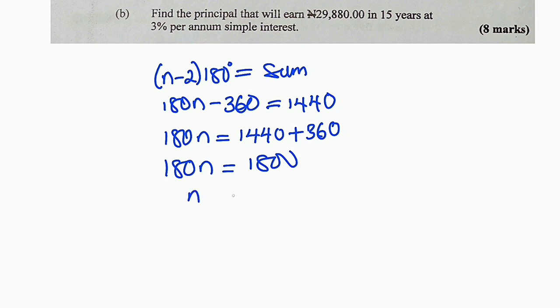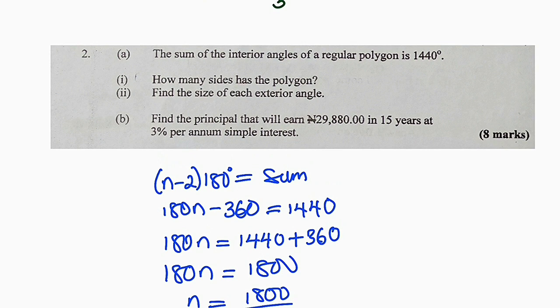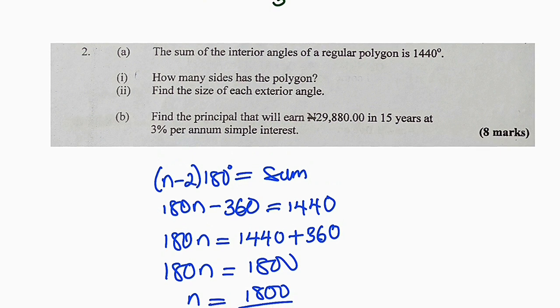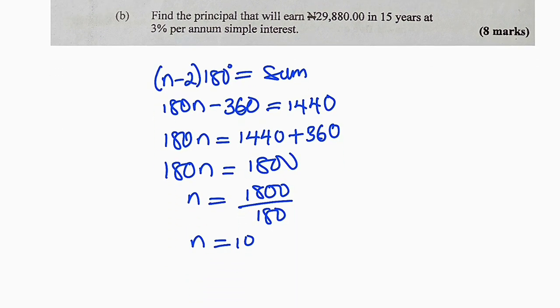Then you divide both sides by 180, and n is equal to 10. This implies that that particular polygon has how many sides? 10 sides and 10 angles. So since it has 10 sides, it means it is a what? Decagon. So we have answered Roman 1 of A part.